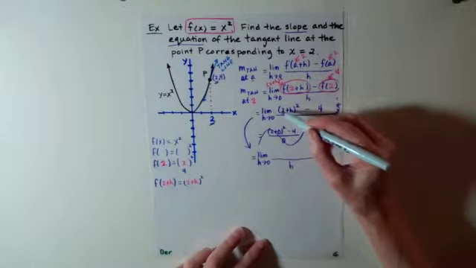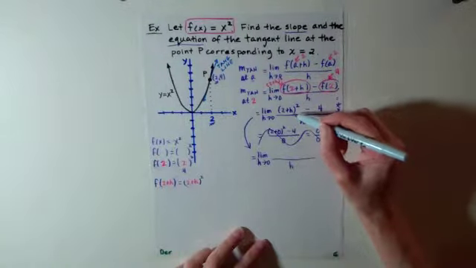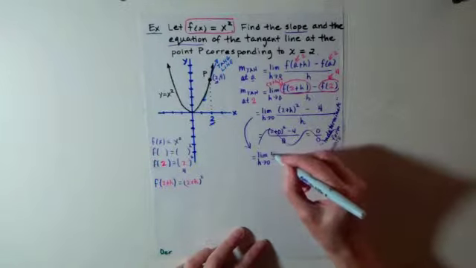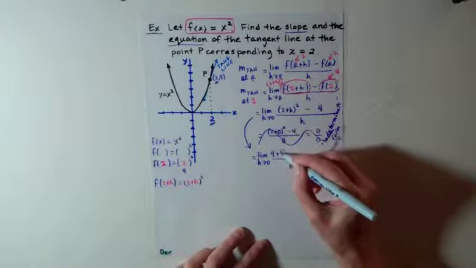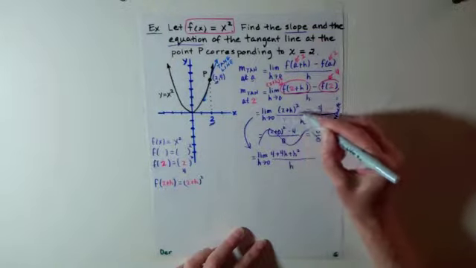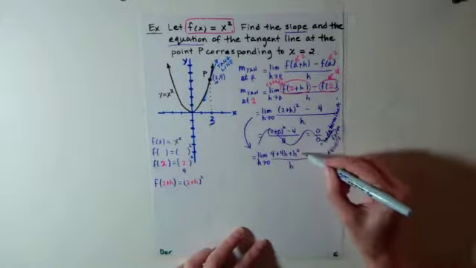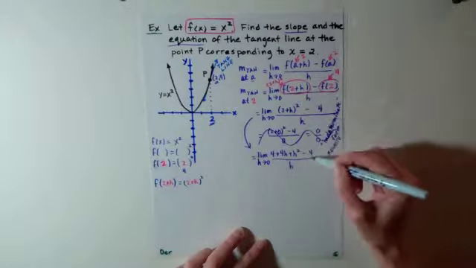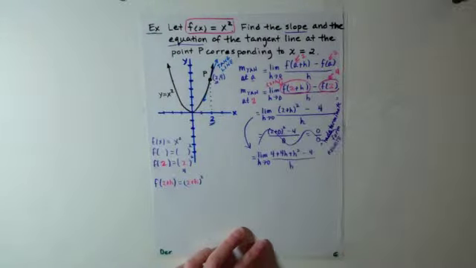If I FOIL this out, it's 2 plus h times 2 plus h, so I would end up with 3 terms, 4 plus 4h plus h squared. So that's just FOILing this out. And then I subtract off the 4, so I'm bringing that down, and the whole thing is divided by h.